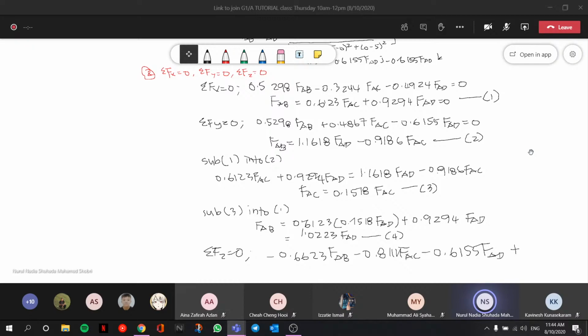And we plus with 800 Newton because there is one force upward, equal to 0. So this is equation 5. Now you guys sub 3 and 4 into 5.